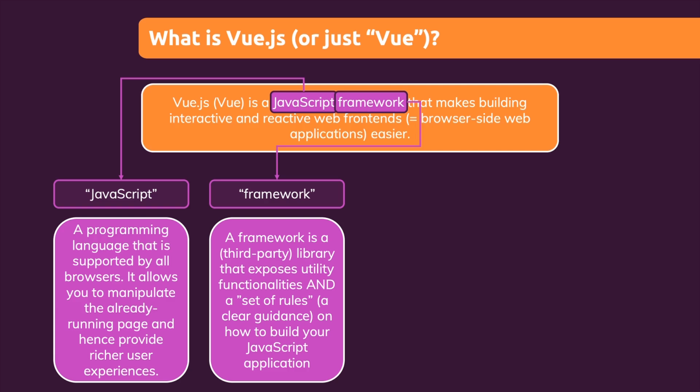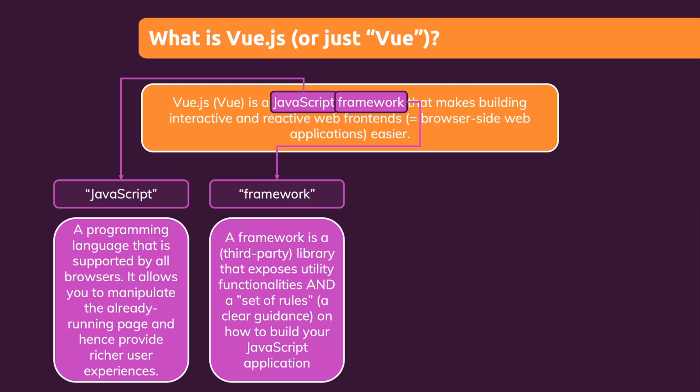And that's important, unlike a regular library, a framework is a library that does not just give you those extra functionalities, but which also gives you a set of rules, you could say. It gives you a clear guidance, a clear approach that you should follow when it comes to building your application. It basically gives you a clear idea and structure of how to write your application code. So it's the utility functions plus the rules.